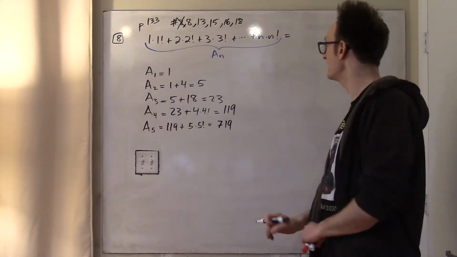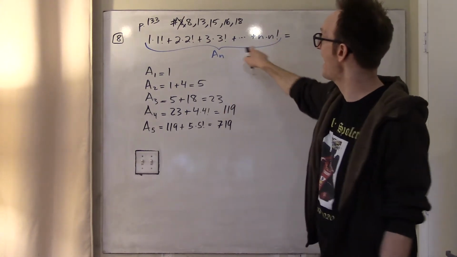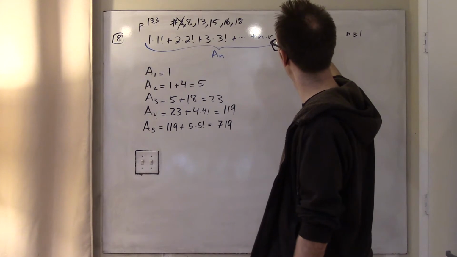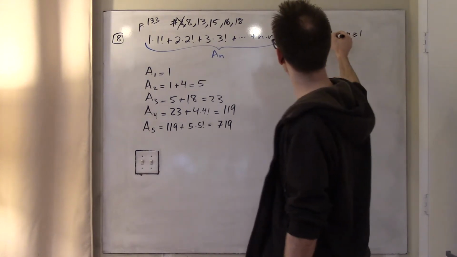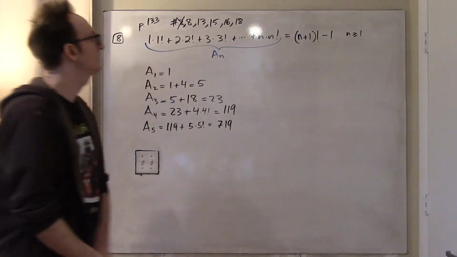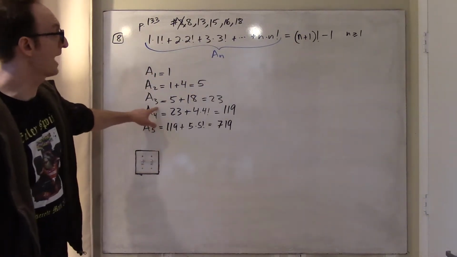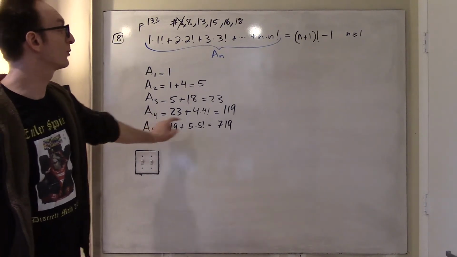My conjecture is that at any given point, when I add all these up, what I get is just n plus 1 factorial minus 1. I think that's right. Let me just double check that. Plug in 3, yeah, 4 factorial is 24, yep. Plug in 4, I get 5 factorial, 120 minus 1, yeah.